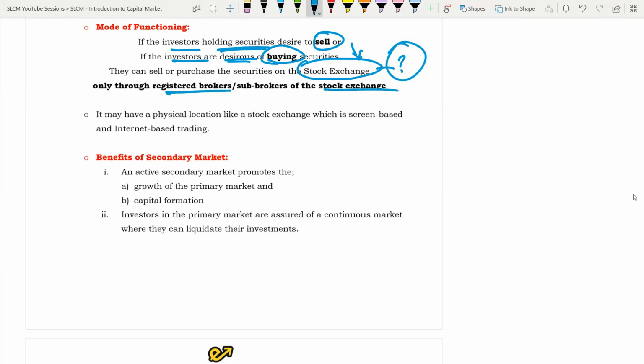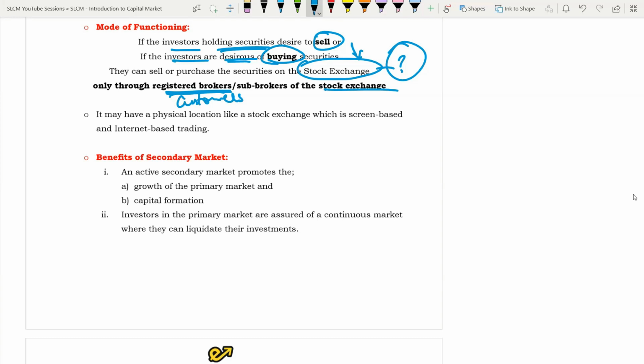Right? So if anybody wants to buy and sell securities, they should get themselves registered with these stock brokers. That means they should become customers of these stock brokers, or the registered brokers, who have direct contact with the stock exchange, and they are going to help you buy and sell securities. Right?